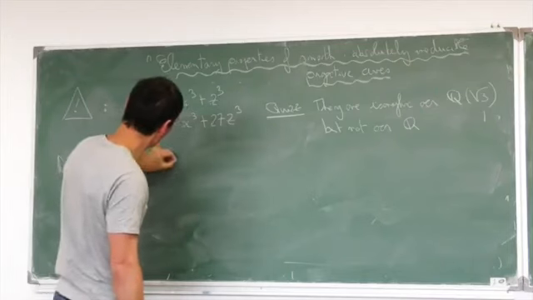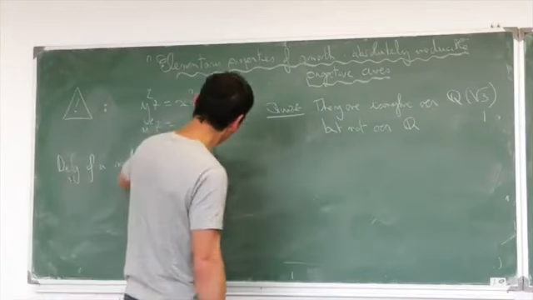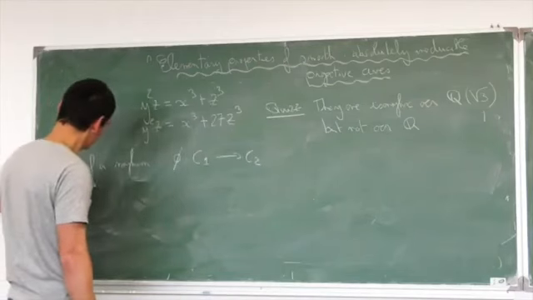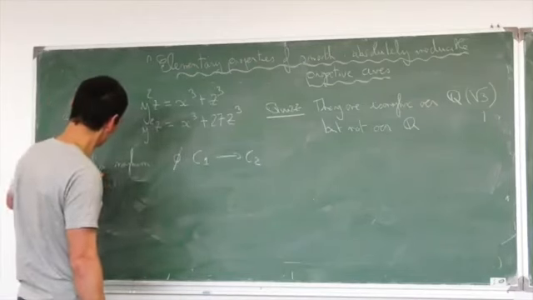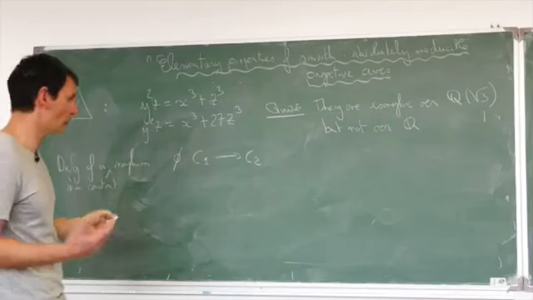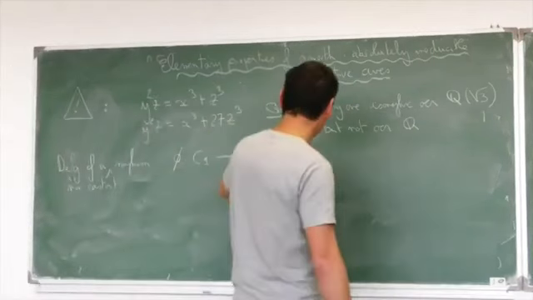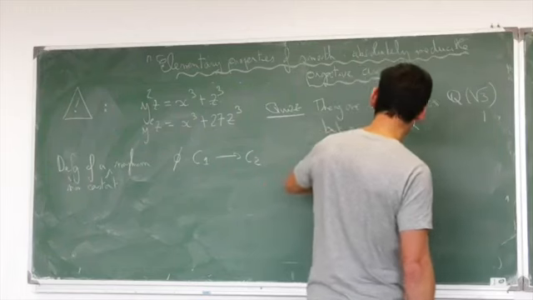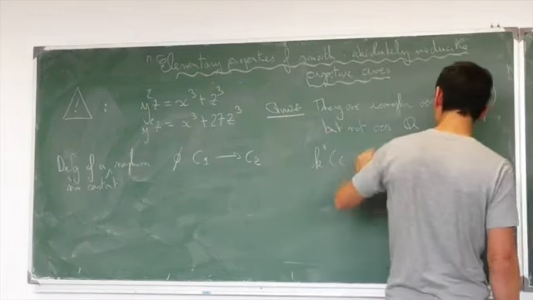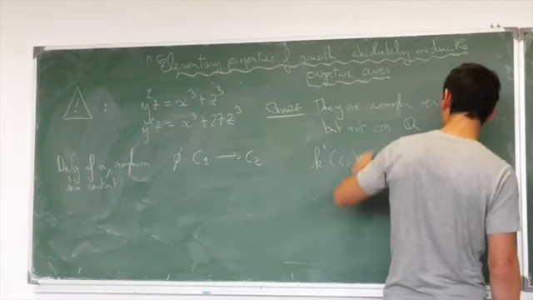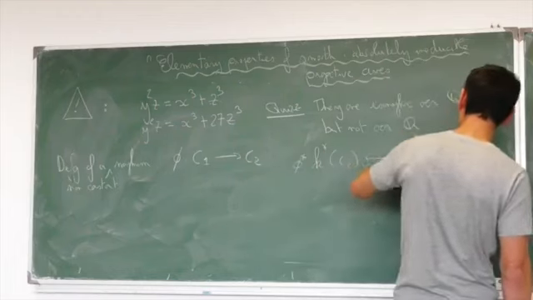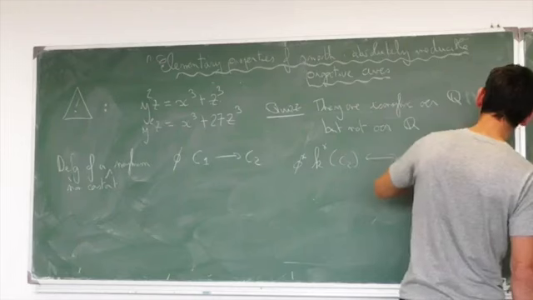If you have a non-constant morphism phi between two curves, then you can take the function field of C2, and we know that phi star gives an injection into the function field of C1.